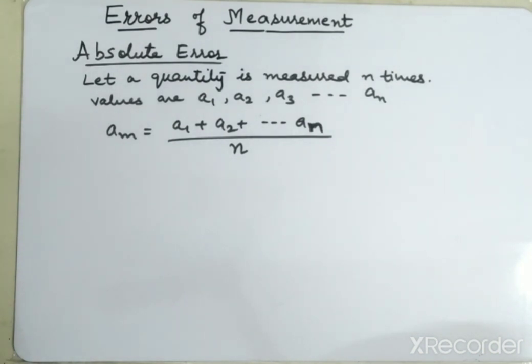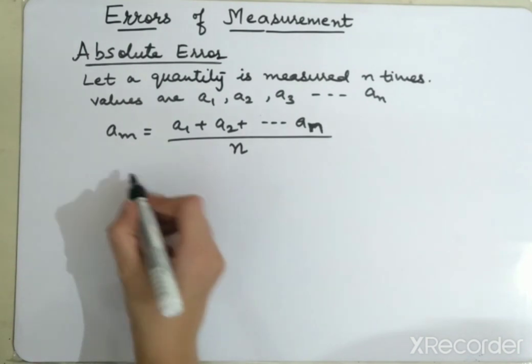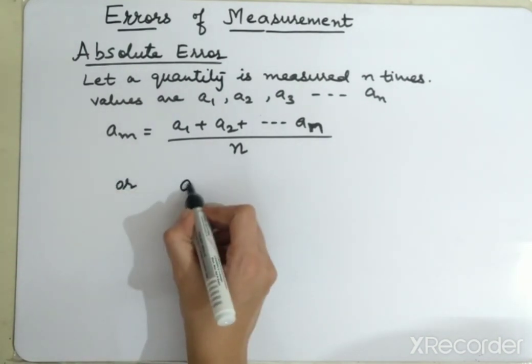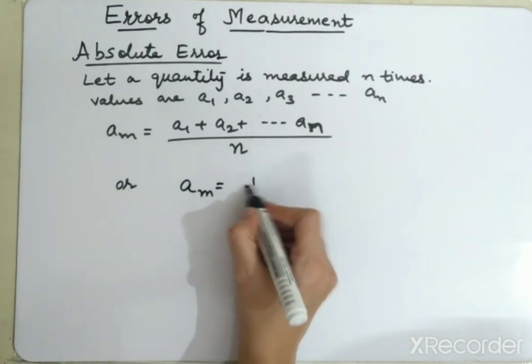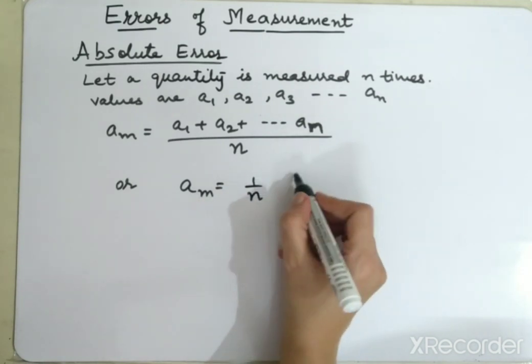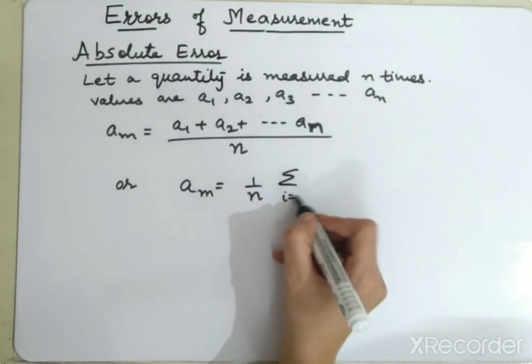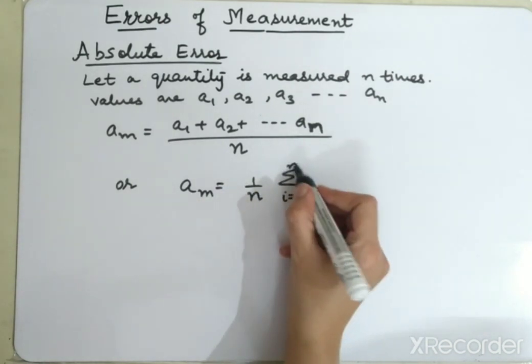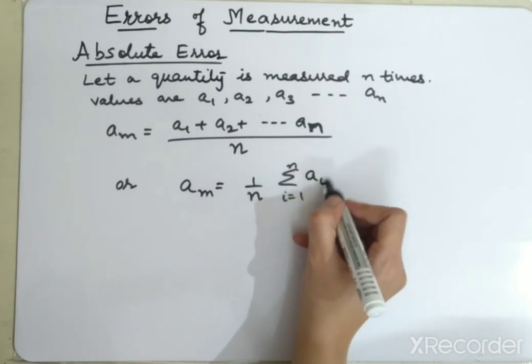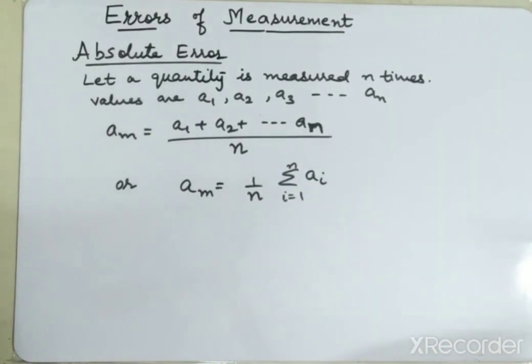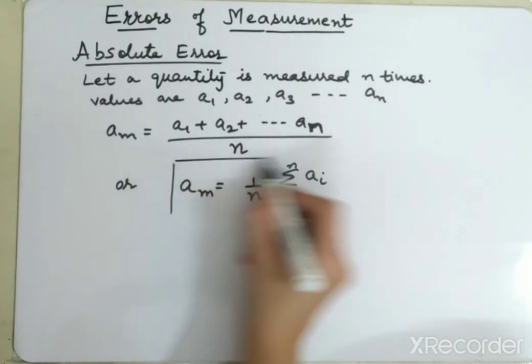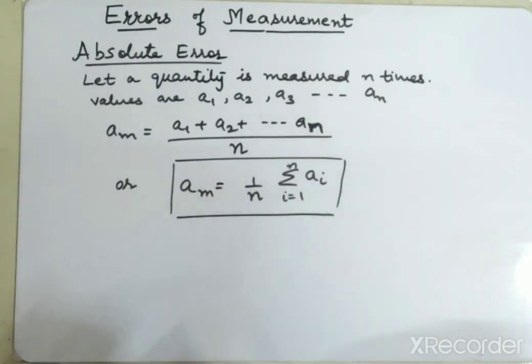So this is the arithmetic mean, or we can simply write AM is 1 upon n sigma i equal to 1 to n Ai, where i is the index which changes up to n, that is from the first value to the last value.